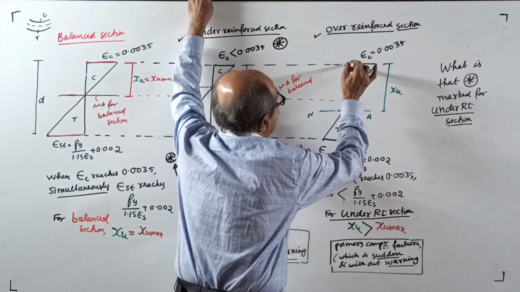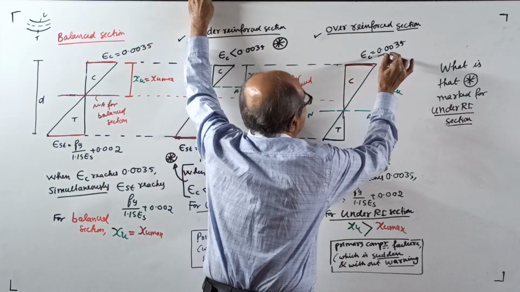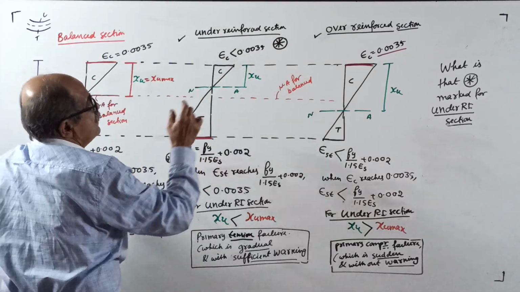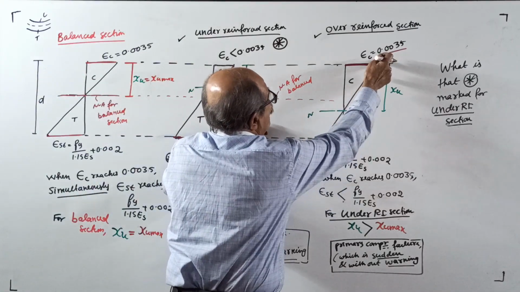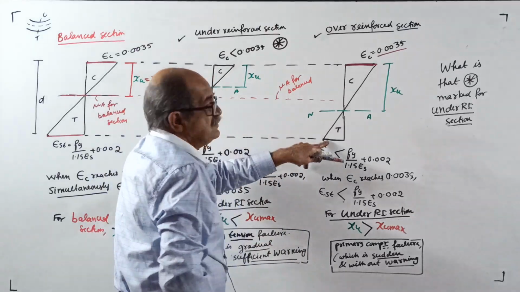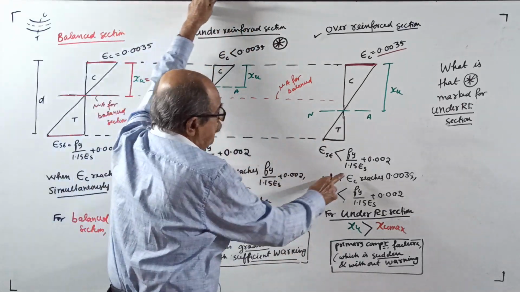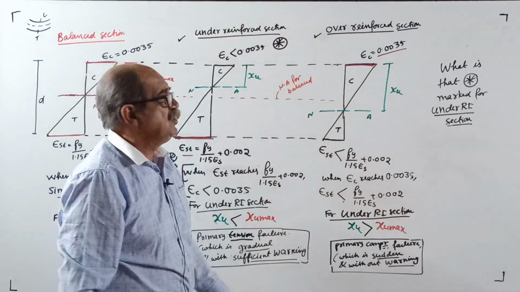The strain in concrete will reach 0.0035. At that time, strain in tension steel will be less than Fy by 1.15 ES plus 0.002.